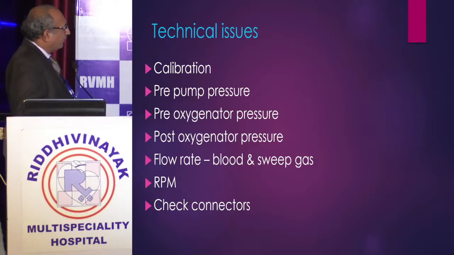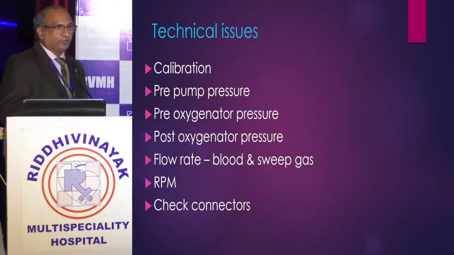Then you have to look at the circuit pressures. Look at the ratio between the flow rate, the blood and sweep gauge, whether whatever you set is going the same. Check the RPM and check the connectors. And definitely the tube colors, so you rule out anything grossly related to ECMO.